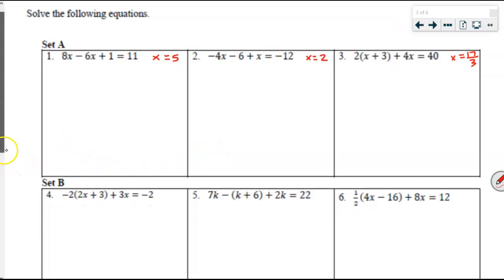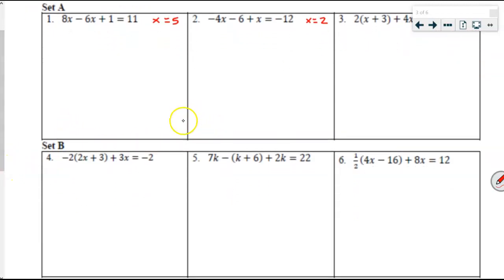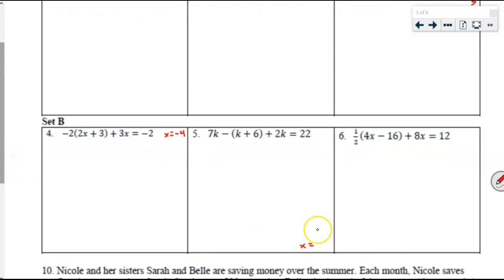Number 4, x is equal to -4. Number 5, x is equal to 3.5 or 7/2. And number 6, x is equal to 2.